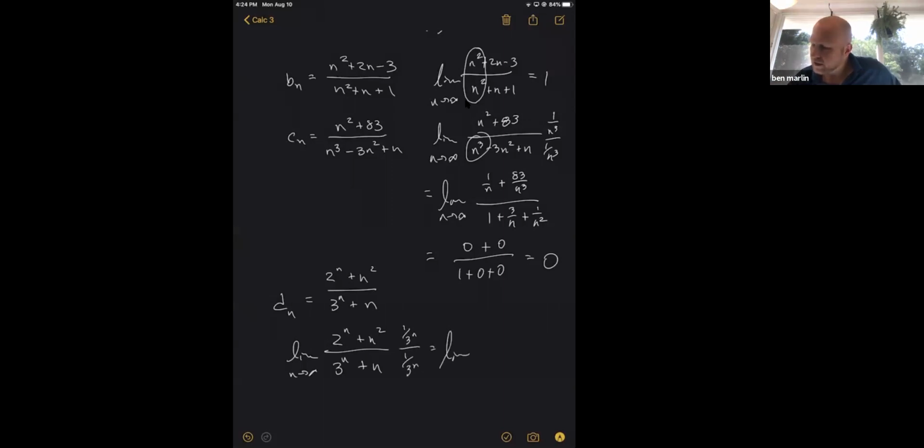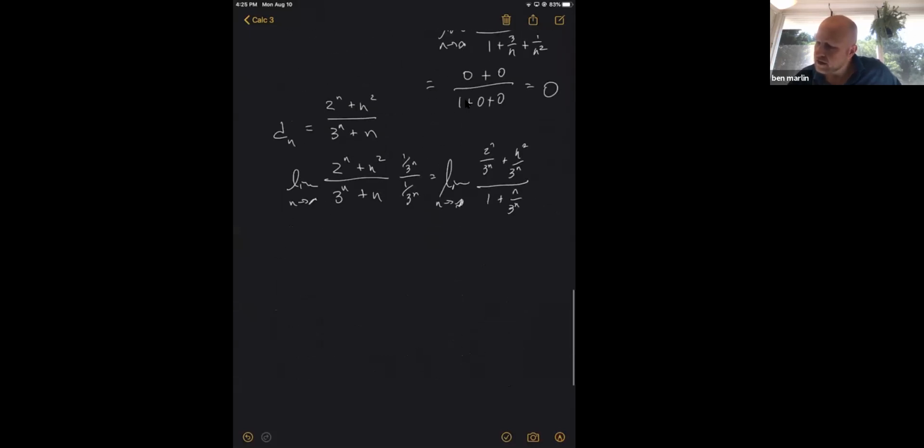And now I'll be talking about limit as n goes to infinity. Can't draw my infinity symbol very well there. Of 2 to the n over 3 to the n plus n squared over 3 to the n divided by 1 plus n over 3 to the n. And you know that the 2 to the n over 3 to the n is really 2/3 to the n, and that's going to go to 0.